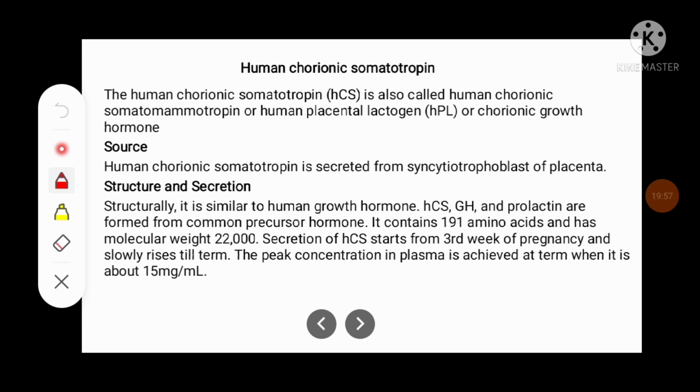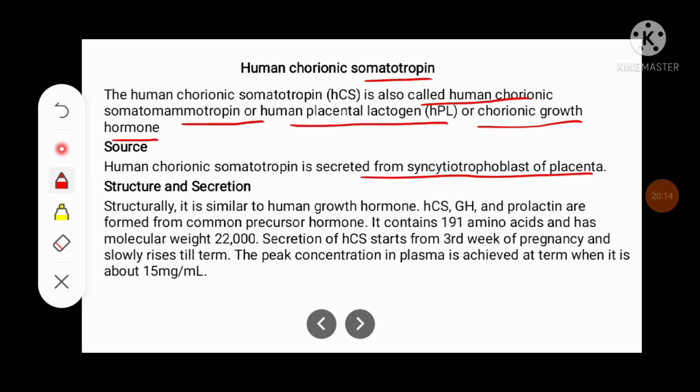Human chorionic somatomammotropin. The human chorionic somatomammotropin is also called human chorionic somatotrophin or human placental lactogen or chorionic growth hormone. It is secreted from the syncytial trophoblast of the placenta. So it is similar to the human growth hormone.